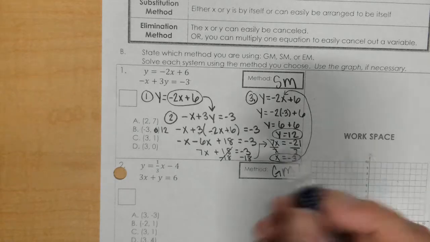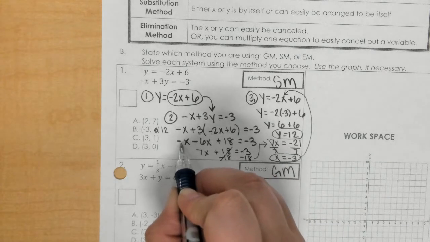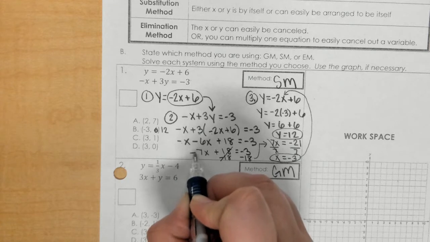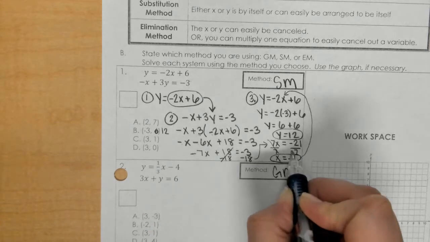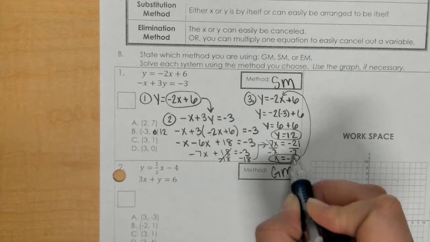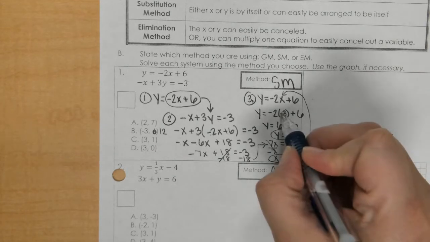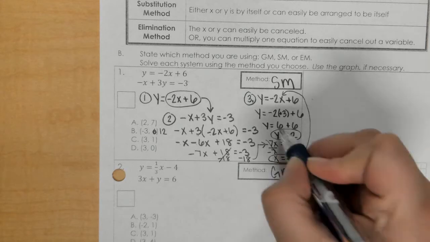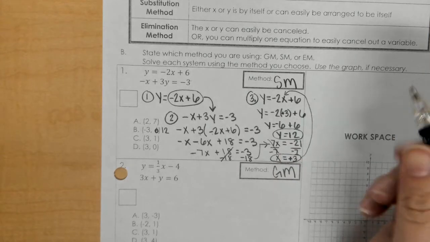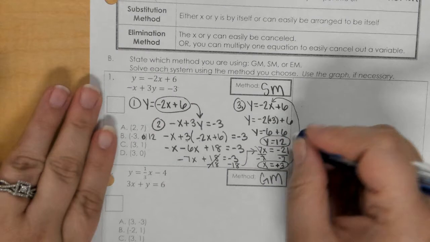Oh, you know what? I caught my mistake. This is a negative, and a negative makes negative 7. I'm going to divide by negative 7. That makes it a positive 3. I plug the positive 3 back in, and I get a negative 6, and that gives me 0.